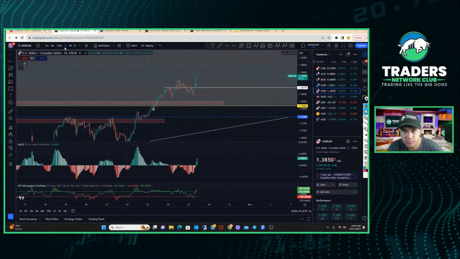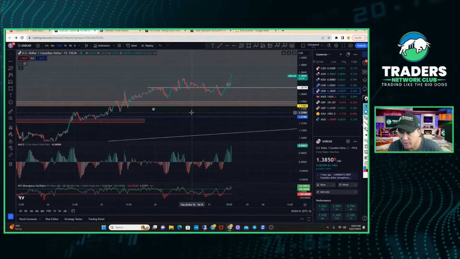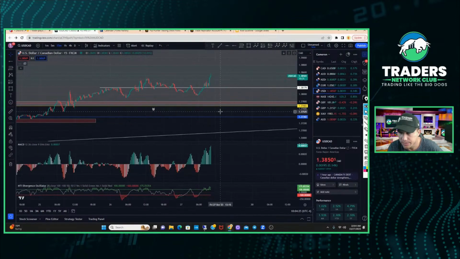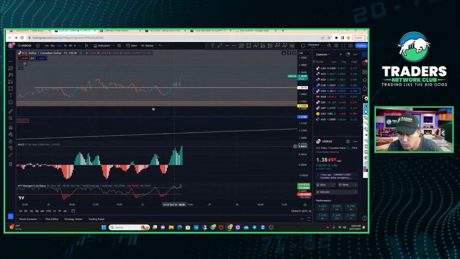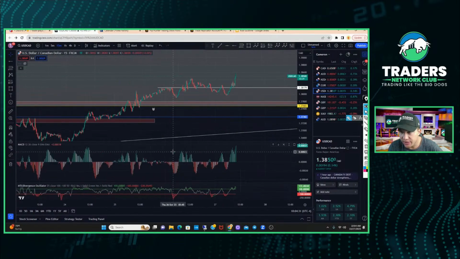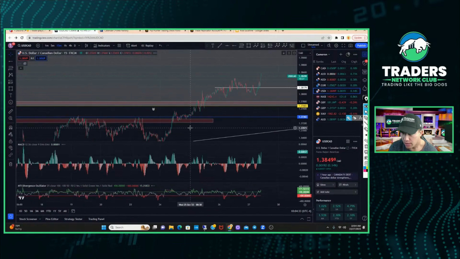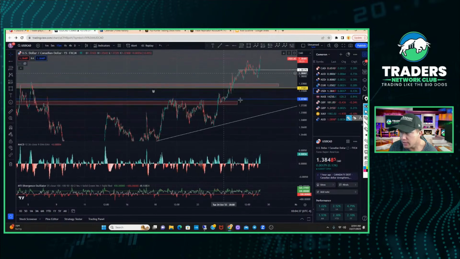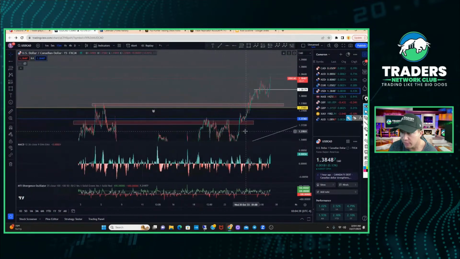But let me go to a smaller time frame here. So looking at the US dollar CAD, you can see we've had this nice rally. We're just looking for that correction, right?